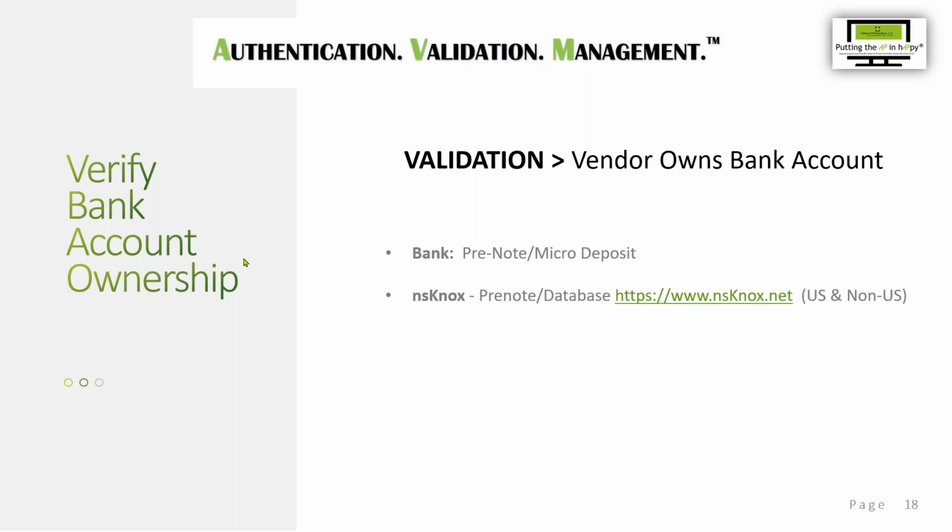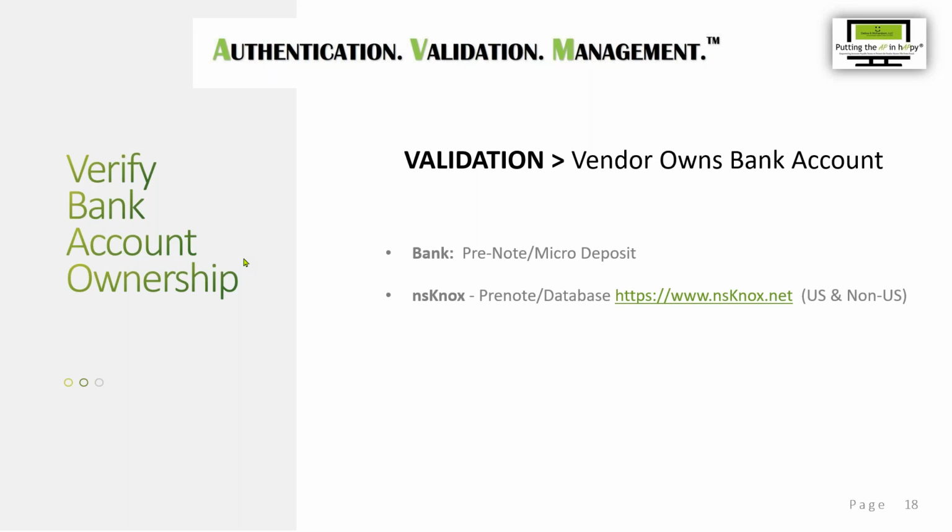Now, you may be able to have that validation with your bank, either through a pre-note or a micro deposit, but especially with a pre-note through your bank, there's really no guarantee that the vendor name will be returned, so that might not be 100%, and then there may be additional days of validation and managing that process with your vendor, so that can take additional time and just be more labor intensive as well.